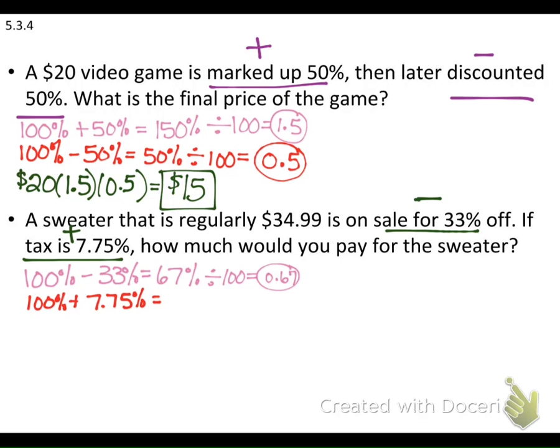You guys can help too. 107.75%. Okay, now what do I do with this 107.75%? You're going to multiply it with 33? No. What am I going to do with this 107.75%? For what? Not yet.